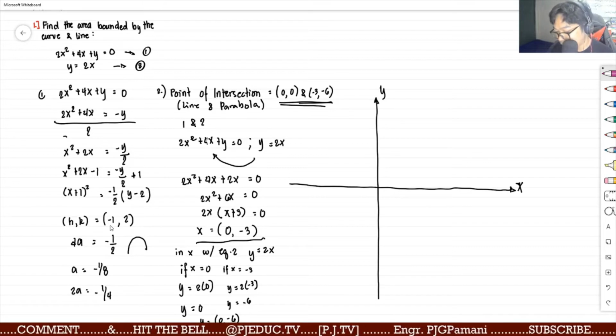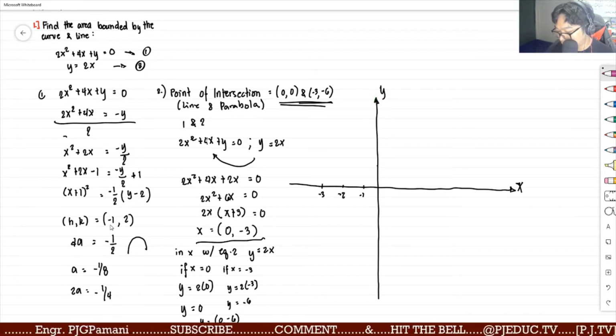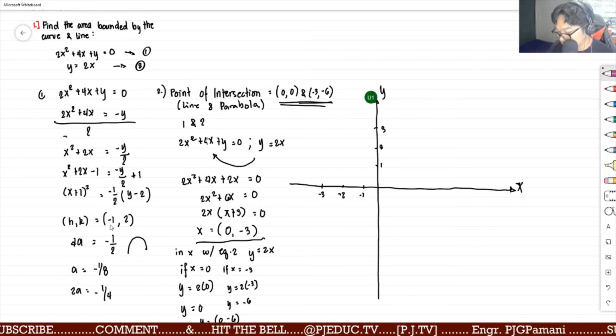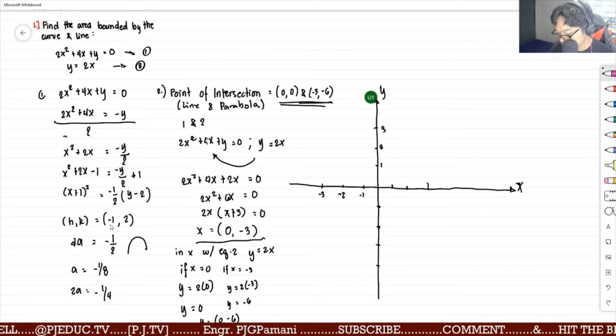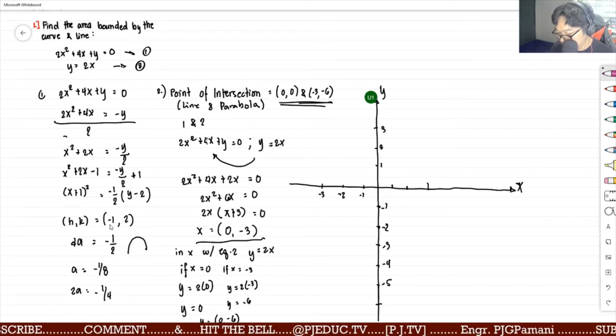So negative 1, 1, 2, 3. Negative 1, negative 2, 3. That is 1, 2, 3. Negative 1, negative 2, negative 3, negative 4, negative 5, negative 6.